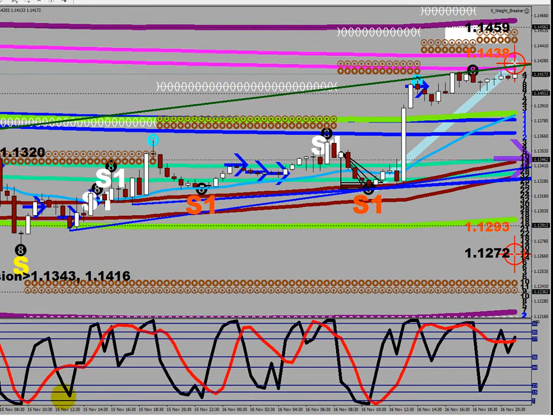So let's look at the same image in terms of wave structure, and you can see that we have one full wave here with the closure going oversold, deeply oversold on RSI 2.